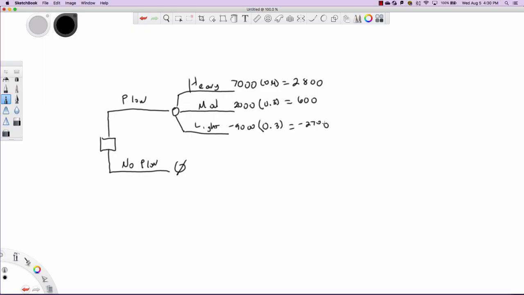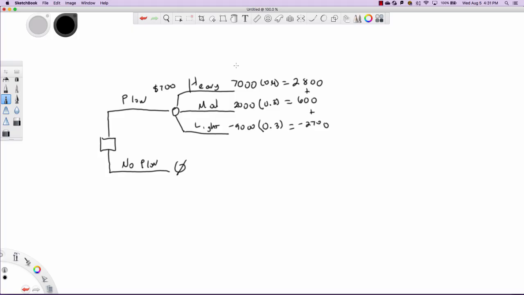We're going to go right to left, and we're just going to add all of these up because they're all within the same decision area. We find that if we add those together, we end up with a positive $700.